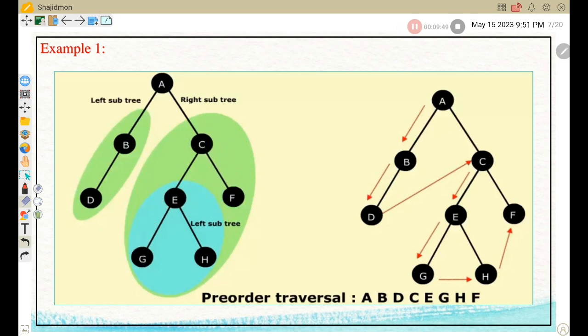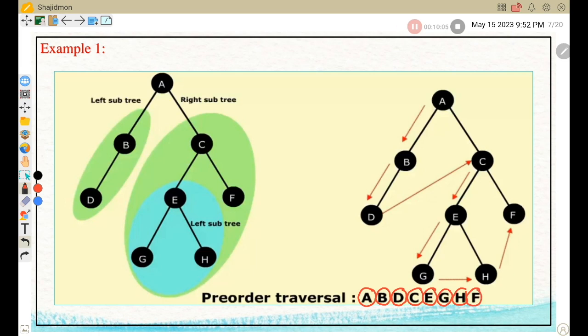So what is the pre-order traversal here? First A is visited, then B, then D, then C, then E, then G, then H, and last F.